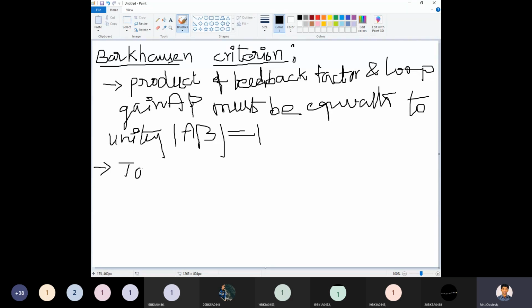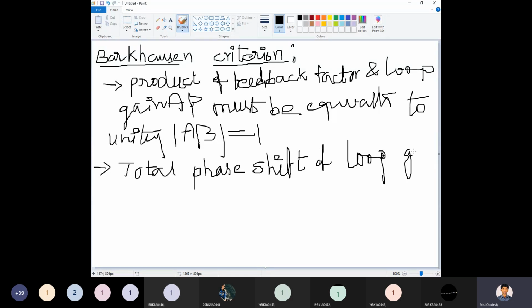The total phase shift of loop gain must be equal to 0 degrees or 360 degrees.